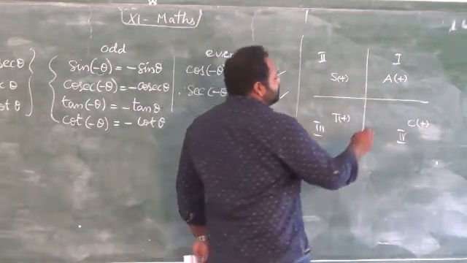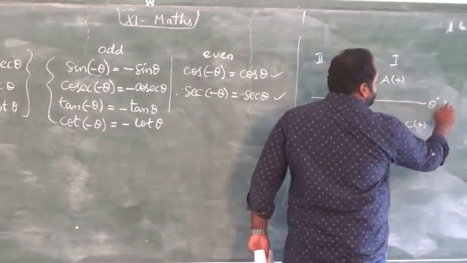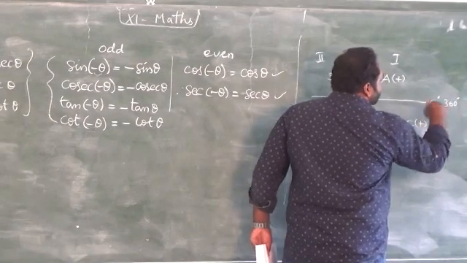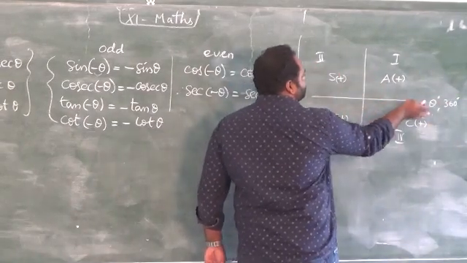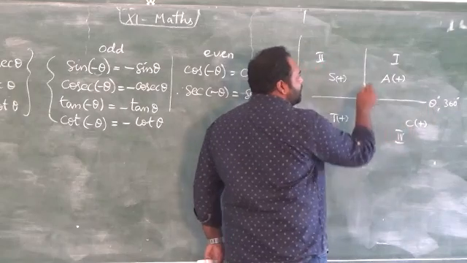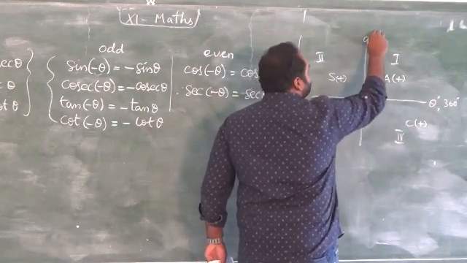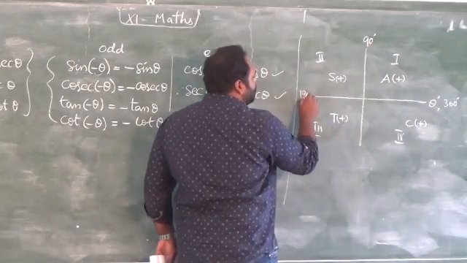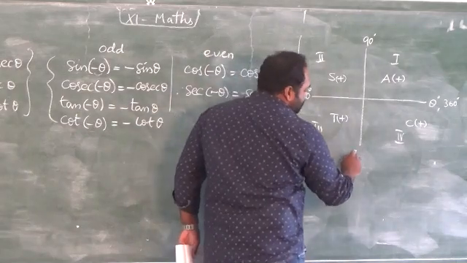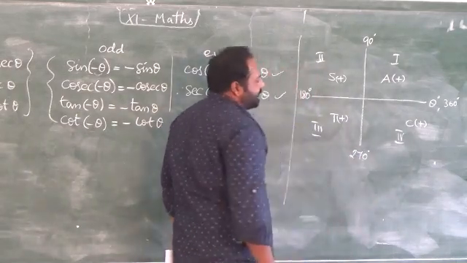Here we have angles from 0 degree to 360 degree. The complete rotation is 360. The first part of the rotation ends at 90, the second at 180 degree, the third at 270 degree.